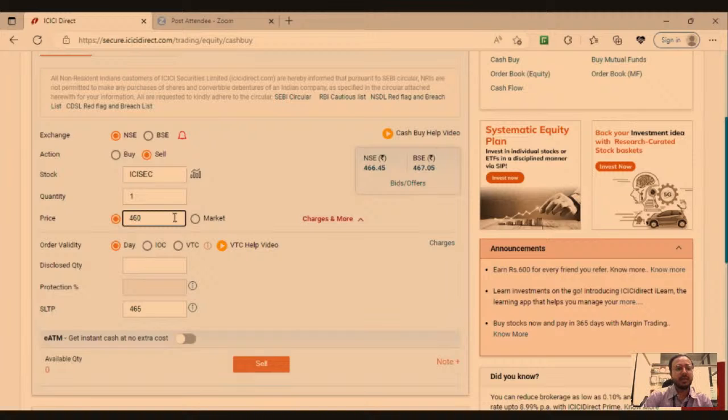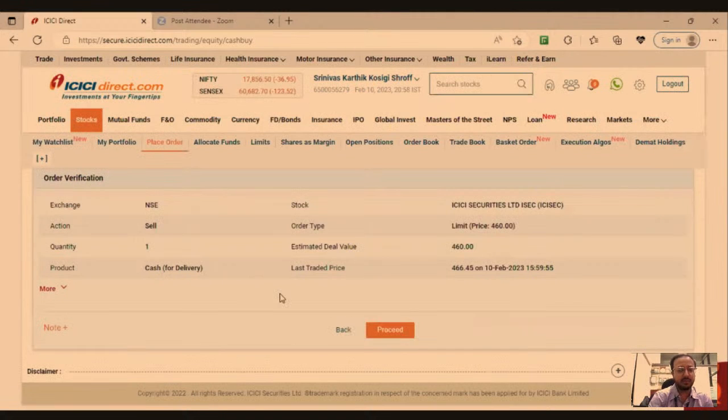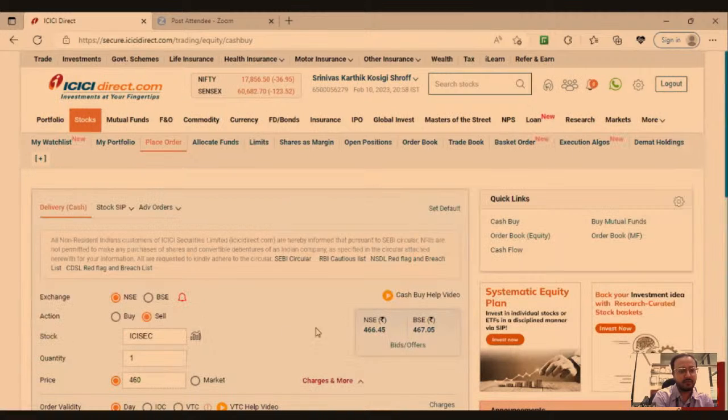If it drops beyond 460, that is the maximum loss that I'm willing to take. So the order will be sent at 465, and if there is any buyer in the market who has placed a request to buy between 465 and 460, my order will get executed.